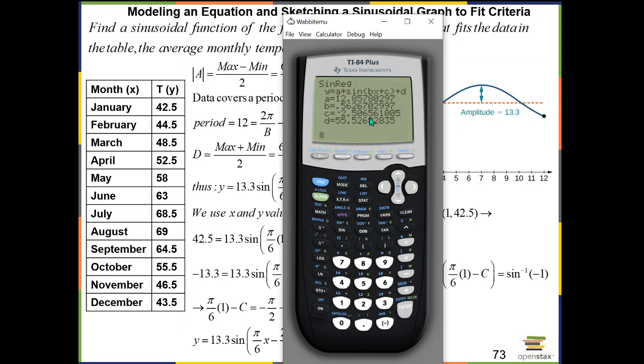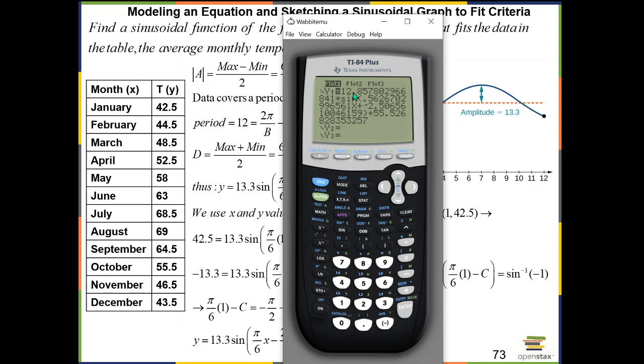Now, since there are so many decimal places, I'm going to go to y equals and get this from the memory of the calculator and put it in y equals and graph it. So I go to y equals and go to Variables, Statistics, Equation. The first one is regression equation. There, it puts it there for me.